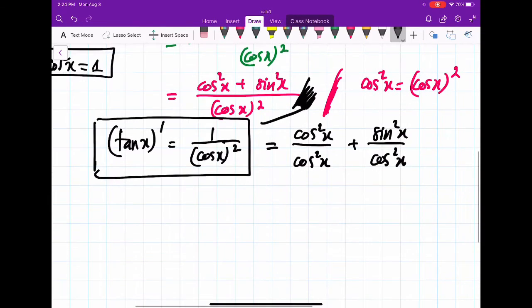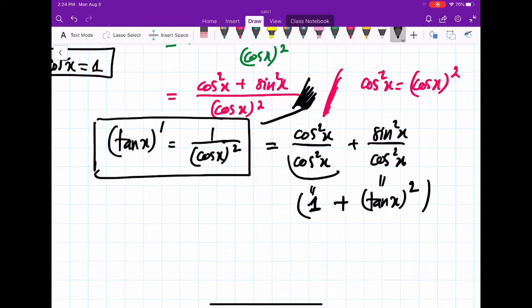So basically, this is equal to 1, and this is tangent x, everything squared. You see that? So another form of the derivative of tangent is 1 plus tangent square of x.